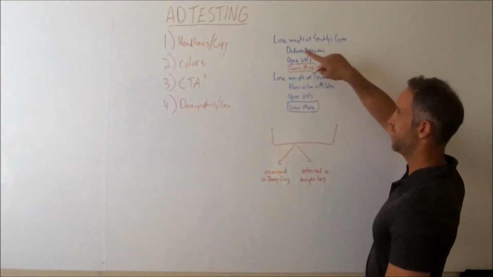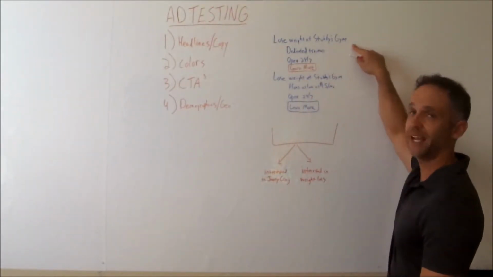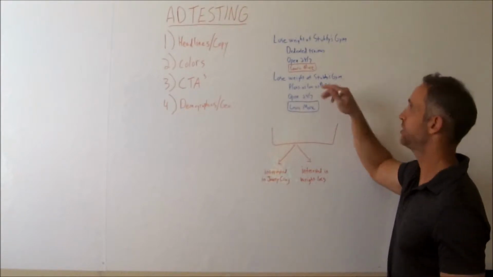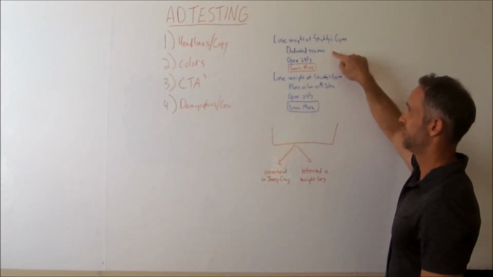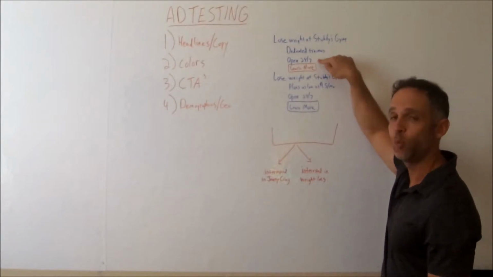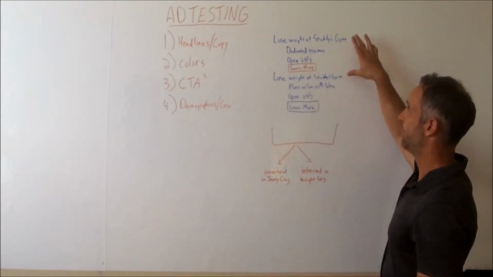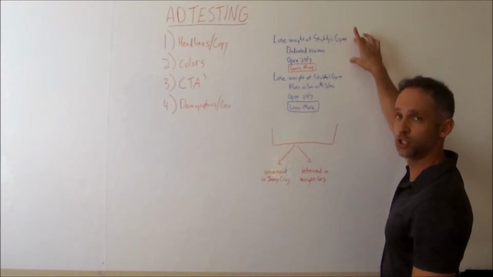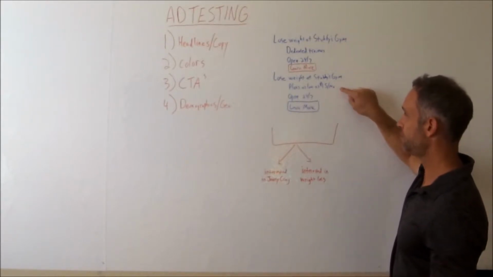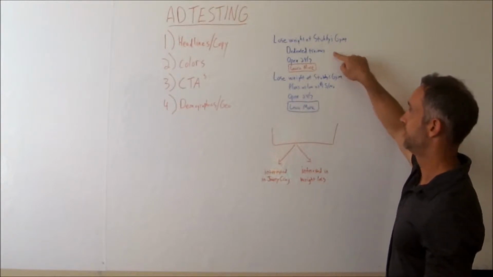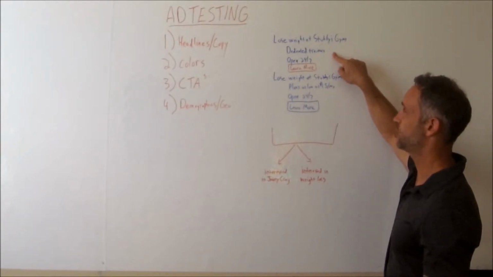So in this case, headline and copy, you want to lose weight at Stubby's gym. Okay, that's the ad. It's not a real gym, I just made up the name. So lose weight at Stubby's gym, dedicated trainers, open 24/7. Now, the only difference between those 3 lines and the 3 lines in this ad is the second line here. The second line in this ad is dedicated trainers.